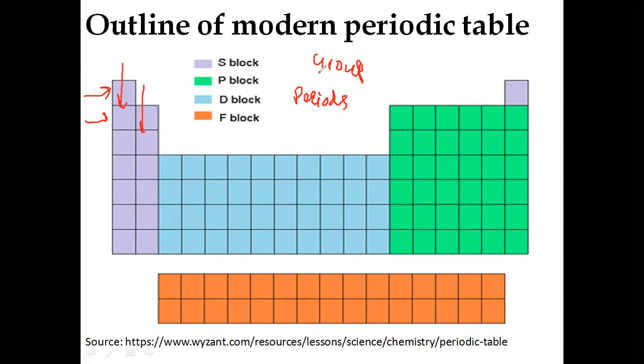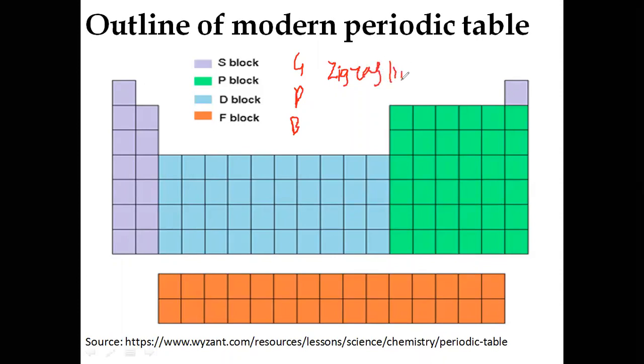These groups and periods are very similar to Mendeleev's periodic table, but the modern table is also divided into blocks. There are four blocks: S block, P block, D block, and F block. So basically, the modern periodic table is based on these three: groups, periods, and blocks. And one more topic you have to remember is the zigzag line. This is the structure of the periodic table, and we will see all these topics in detail.